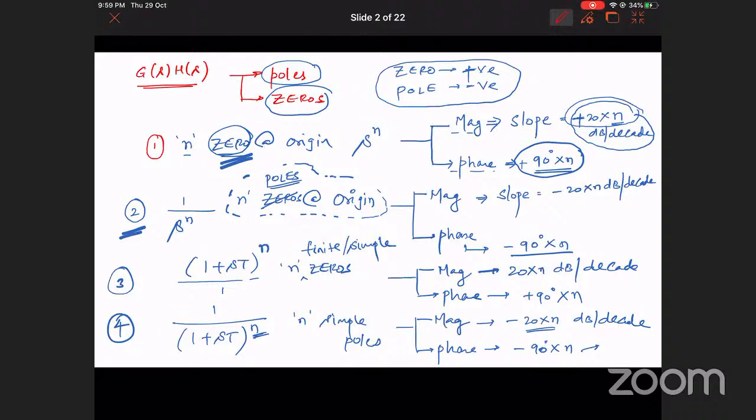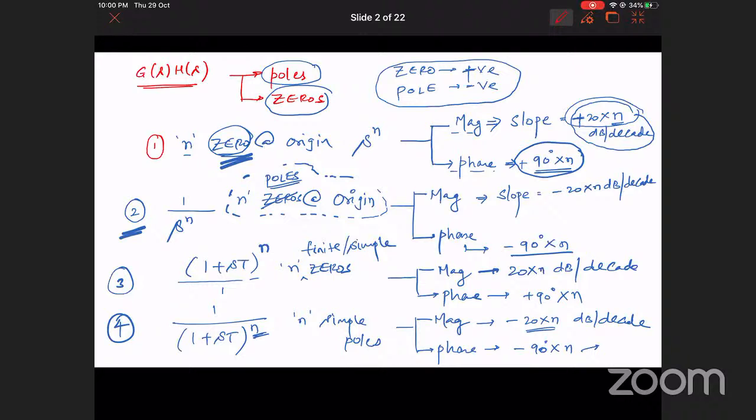And in the phase angle, it gives you a contribution of 90 degree multiplied by n. The same thing becomes negative for magnitude and phase when it comes to a pole. So a pole gives negative slope contribution and negative phase angle contribution. Every zero contributes positive slope contribution and positive angle contribution, guys.